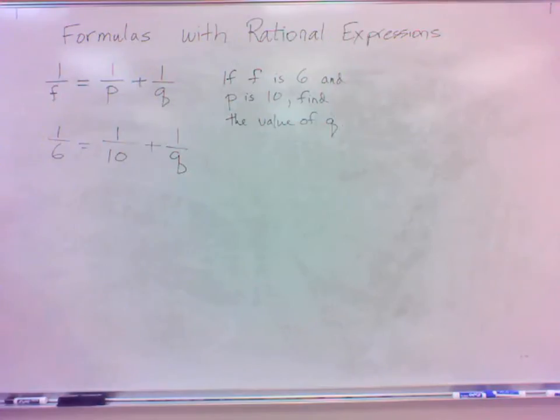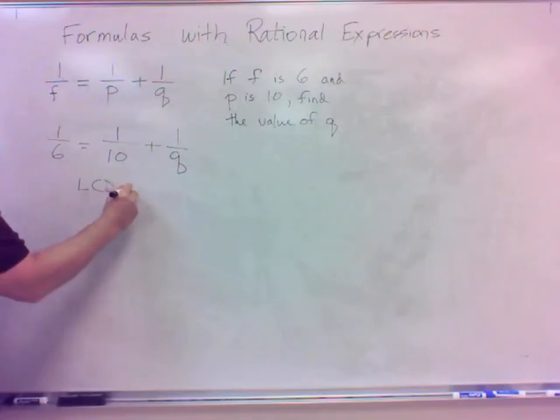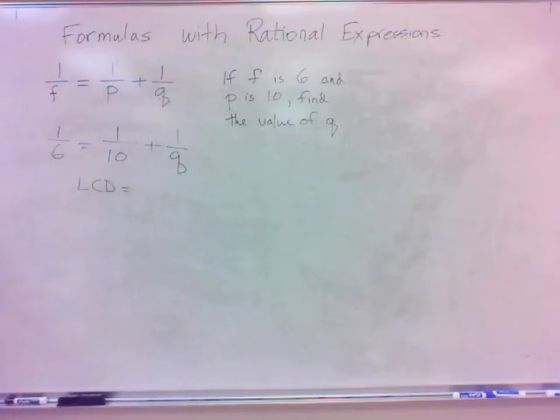Well, a couple of techniques. There's cross multiplying, but you can't do that here because you've got more than one fraction on the right. To cross multiply, you need one fraction on each side. So here I'm going to use the LCD technique, the least common denominator of all my denominators.